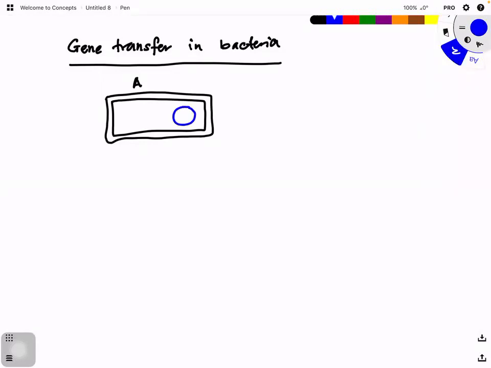Now, due to mutation, which I said is random and spontaneous, are you clear? It always takes place. So if they manage to come out with this antibiotic resistant gene, they will survive. Correct? Let's say they manage to come out with the antibiotic resistant gene here. Now what actually happens? DNA replication can take place.